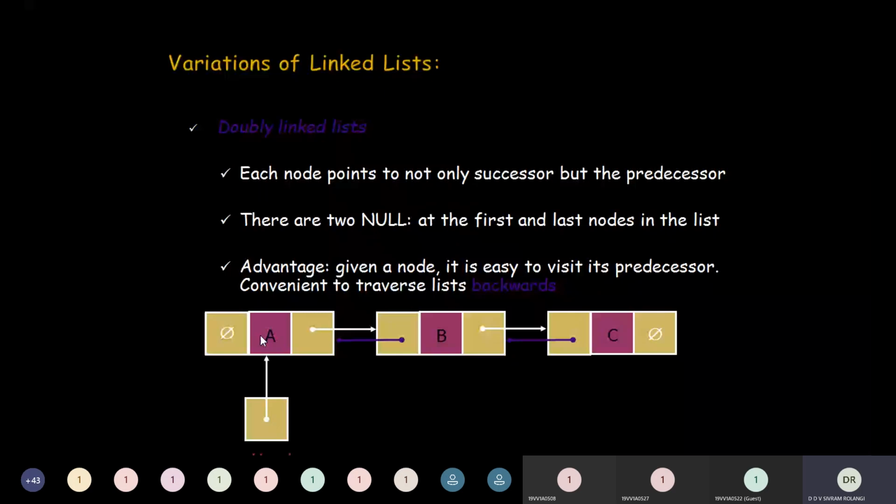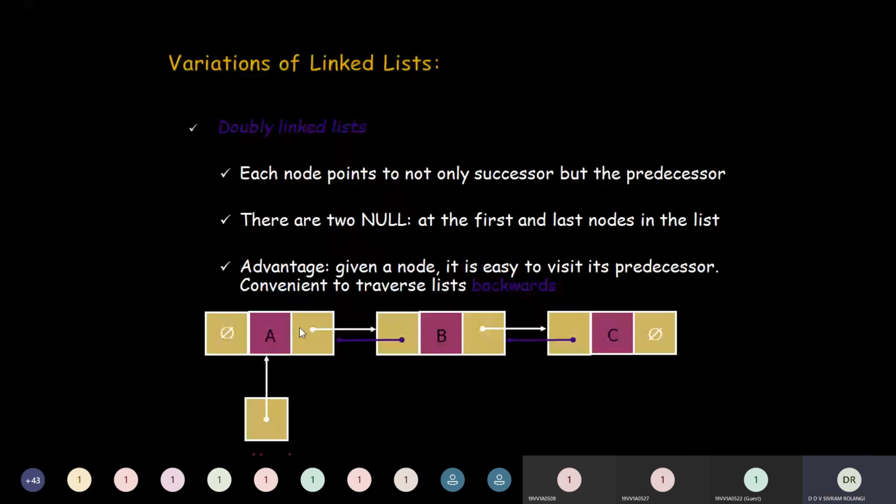So the first field points to its predecessor, and the next field points to its successor. What I mean to say is, each node has 2 pointer fields: one holds the address of its predecessor in the list, and the other holds the address of its successor.